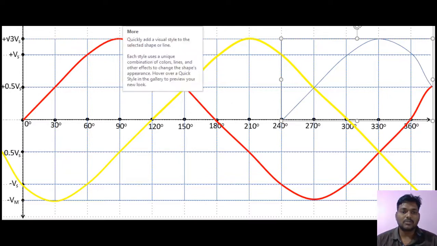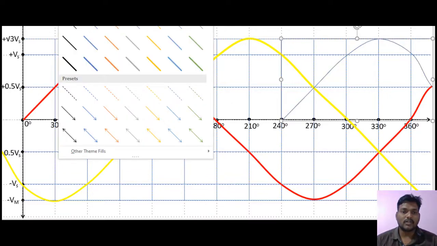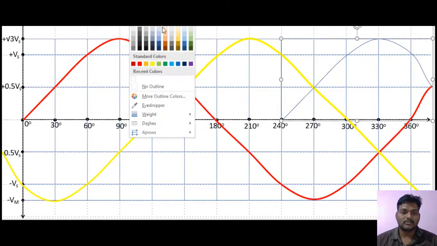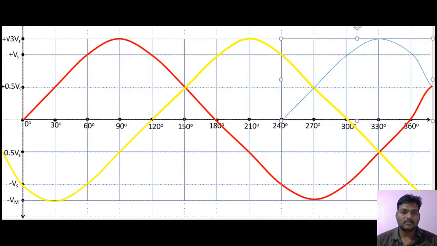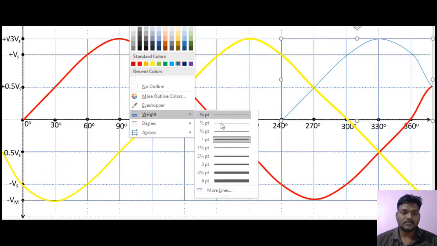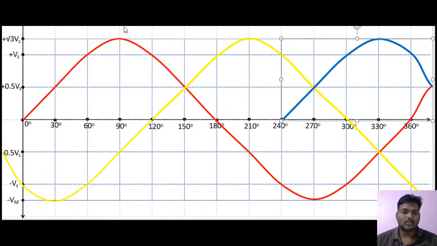But if you use a pencil or pen, they will come very neatly. So this is B phase. Okay, so let us extend it backwards to 240, 210, 180, 150.